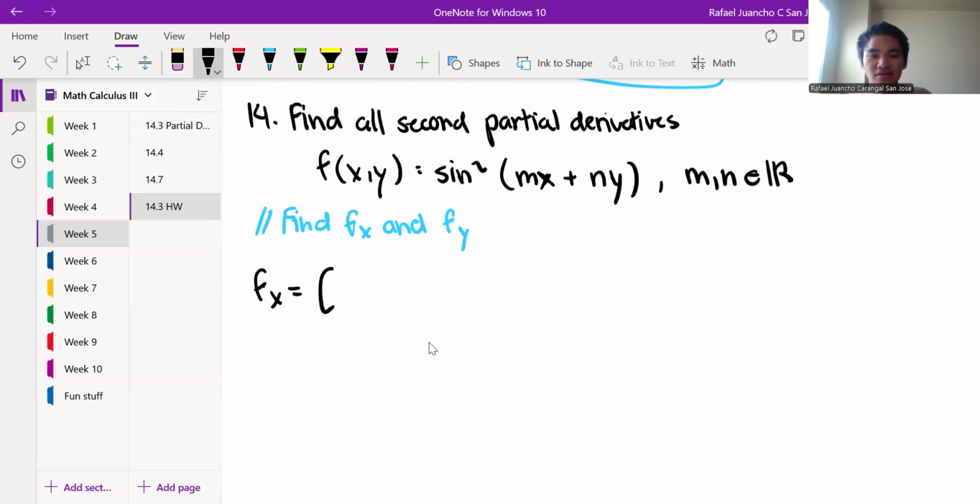I can write it as a square, then I bring my square down, so I get 2 times whatever was inside.